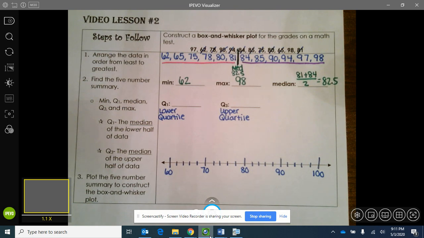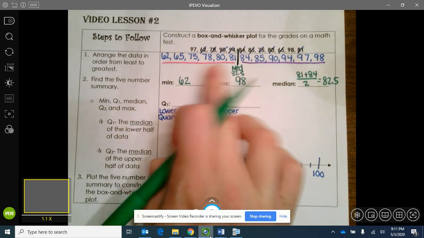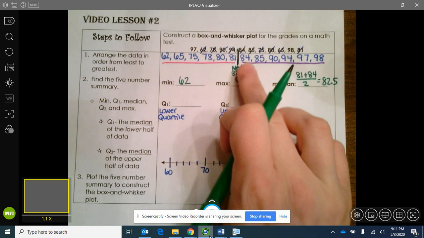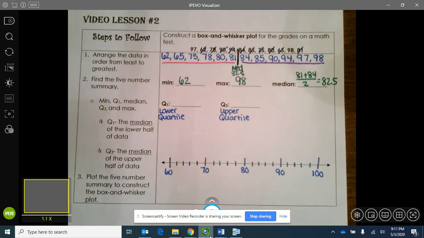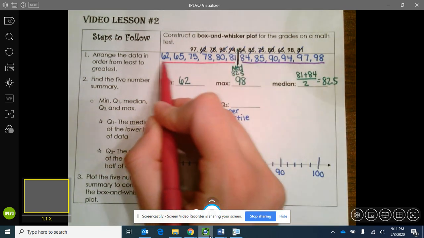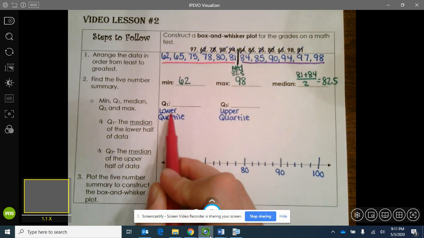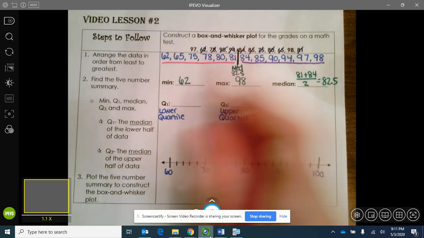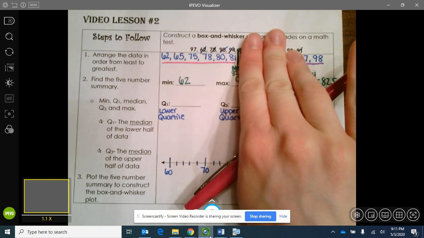Okay, now that I have my median and I have my lower half of my data, which I underlined in pink, and my upper half of my data, which I underlined in purple, I'm going to go ahead and find my Q1, which is my lower quartile. Now remember, your lower quartile is the median of the lower half of the data. So I'm just looking at these pink numbers when I'm calculating my Q1. Let's just pretend this other half of the data is not here.